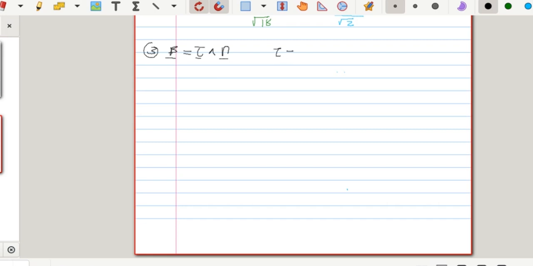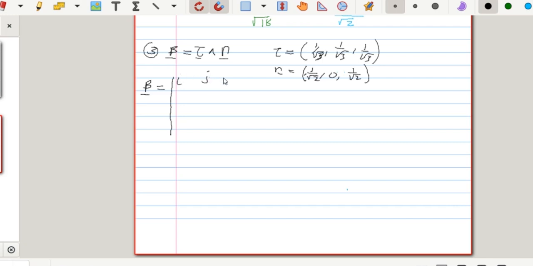We found our tau to be 1 over root 3, 1 over root 3, 1 over root 3. We found our normal vector to be minus 1 over root 2, comma 0, comma 1 over root 2.